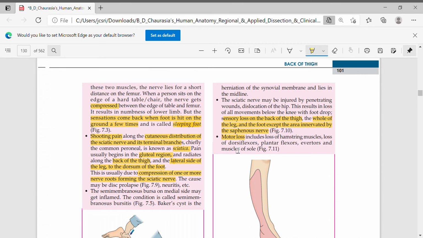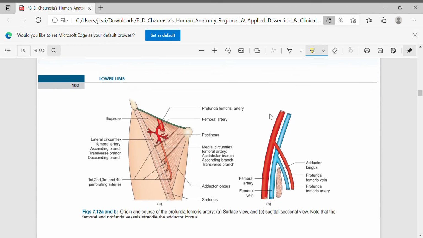Motor loss occurs in the dorsiflexors, plantar flexors, hamstring muscles, evertors and the sole muscles. You also have foot drop. The sciatic nerve may be injured by penetrating wounds or dislocation of the hip. This results in the loss of movement below the knee with a foot drop. Foot drop is also one kind of clinical symptom of the sciatic nerve.